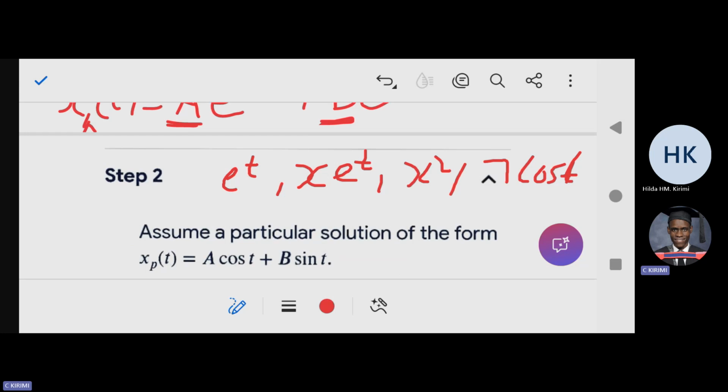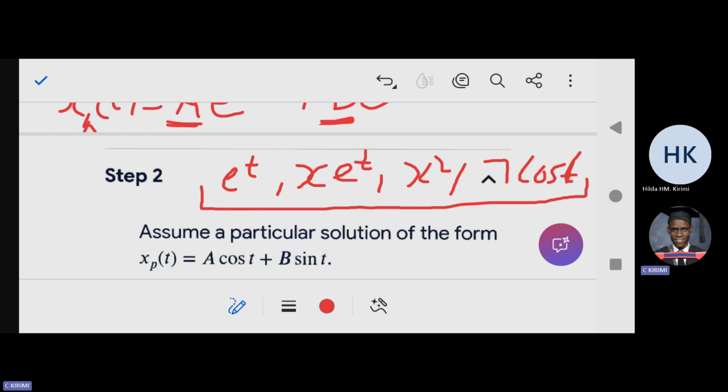So the method of undetermined coefficients helps you choose the general kind of function. You don't just pick any function as a trial or particular function to replace your right-hand side. Remember, the right-hand side, we said we don't equate to 0. Here it's a particular solution that we are trying to choose.